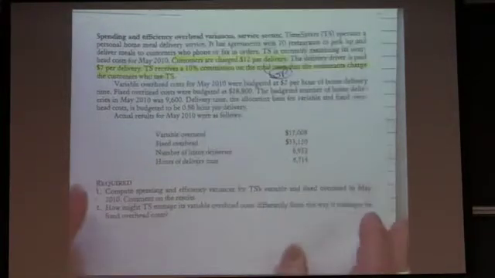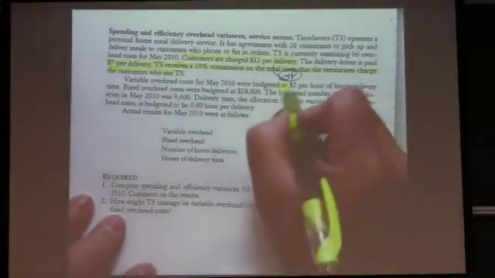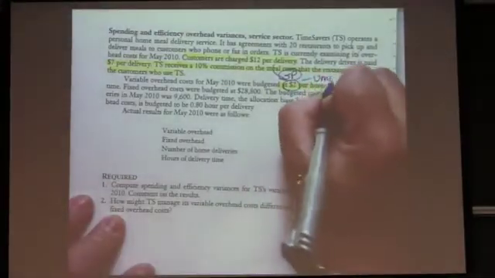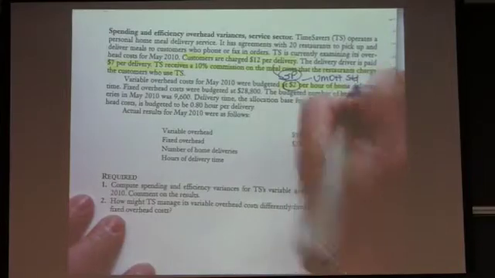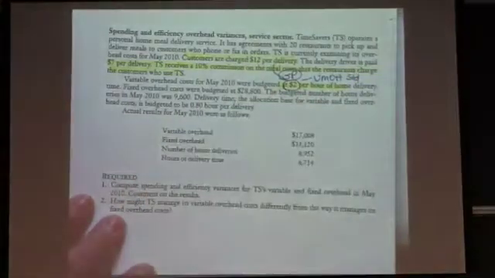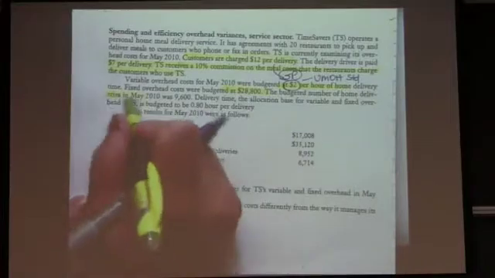Variable cost for May 2010 was budgeted to be $2 per hour. So this is the standard variable manufacturing overhead. And fixed overhead was budgeted at $28,800. That's the fixed cost.